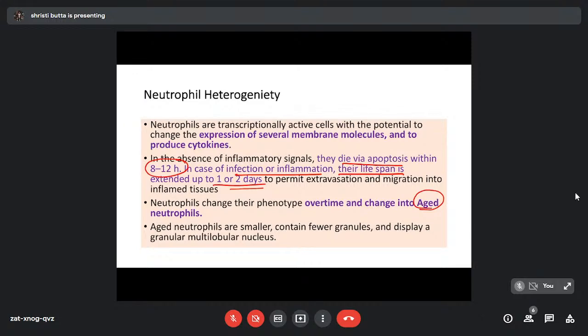Now, neutrophilic heterogeneity. There are several neutrophilic subpopulations, especially PMN1, which produces interleukin 12, and PMN2, which produces interleukin 10.